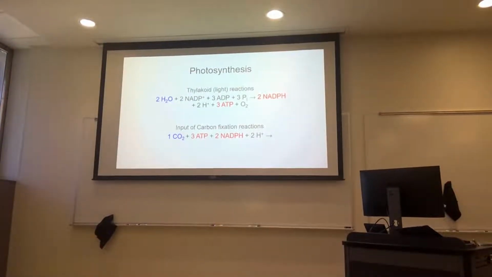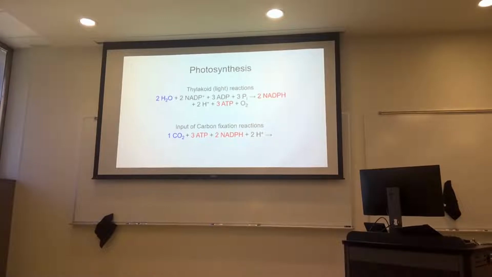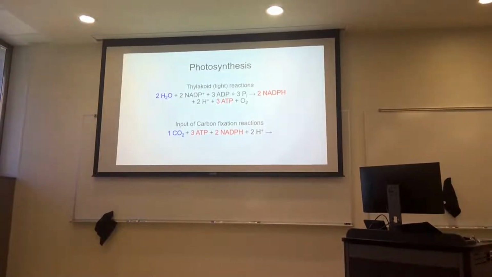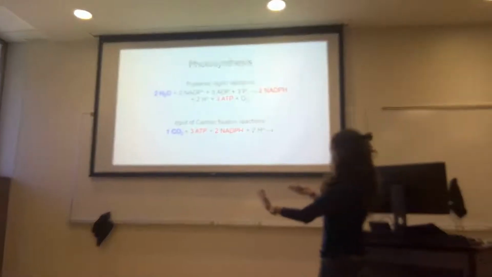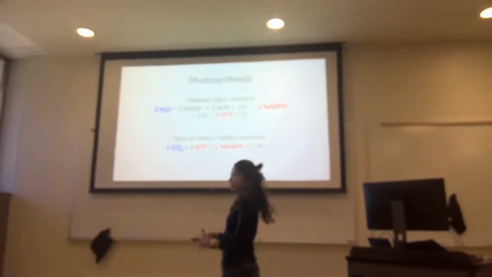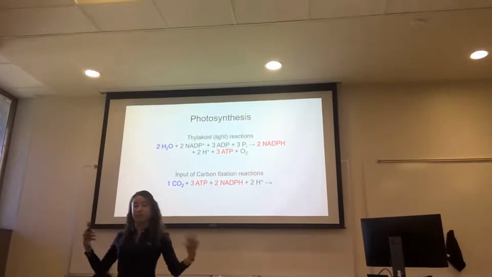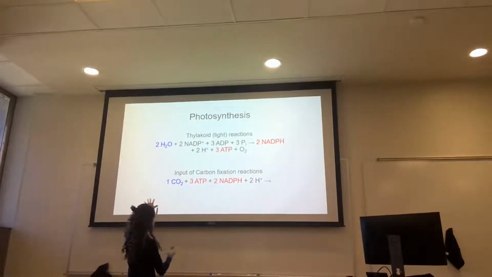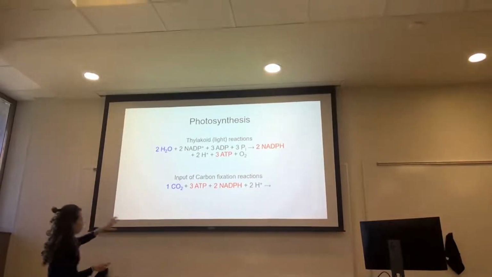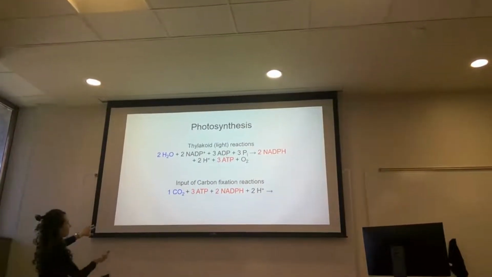basically, I'm not going to give you an entire equation, it doesn't matter for this one. But as you can see, to fix each one of those carbons, that's why we talked about the output of the light reactions not leaving the chloroplast. It goes to power the carbon reactions. I'll show you the rest of the equation later on, but I want you to focus on this.